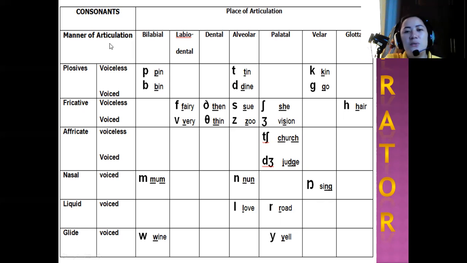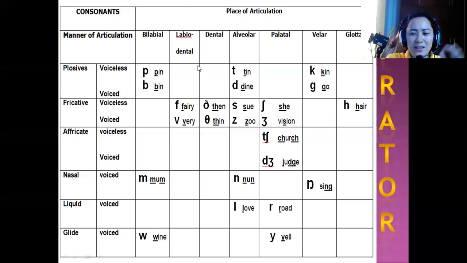And we also have m, like mum, still using the two lips, the upper lip and the lower lip. We have also the w, like wine. If you observe, we are using the upper and the lower lip again.